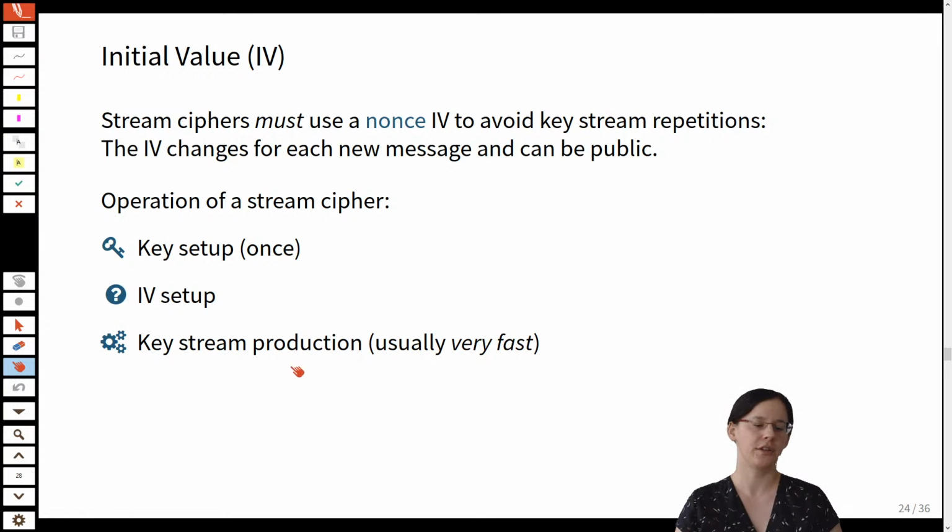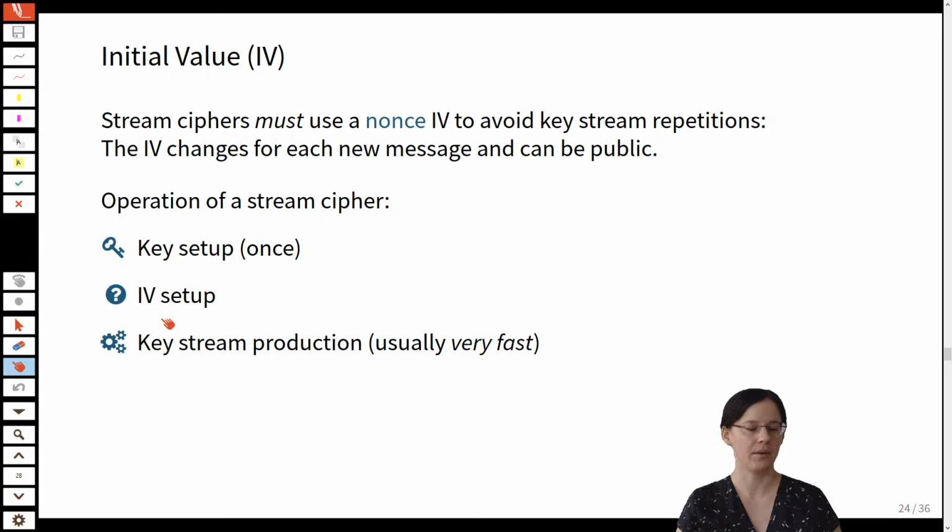So what you usually do is this initialization step means you first fill your state in some way with the key, and at the same time or afterwards with the IV. So once in the beginning, then you always run your update function and produce the key stream from it. So the key stream then depends on the IV as well as the key and how much key stream has already been generated.